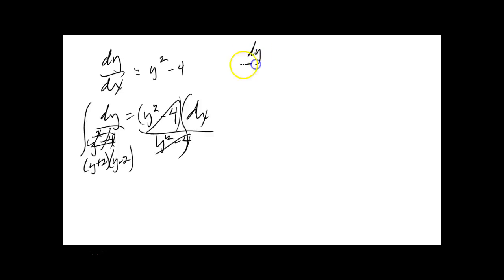We've got dy over y plus 2 times y minus 2, right? Now, we want that to equal, or do you want to leave off the dy? Let's leave off the dy. Let's make it 1 over that. That's the integrand; the dy is going to follow it.